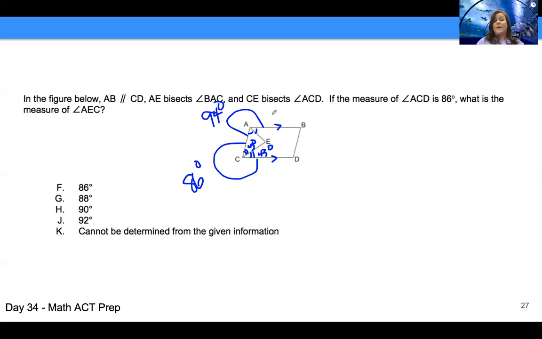And if the entire angle BAC is 94, then each one of these is going to be 47. It's kind of hard to put it in there. Well, now I know I got 43 degrees here, 47 degrees here. I can add those together, subtract from 180, and get the measure of AEC like they asked. And it ends up coming out to be 90 degrees, a right angle. Yay!